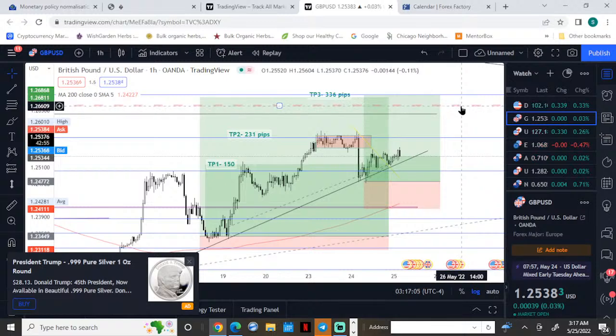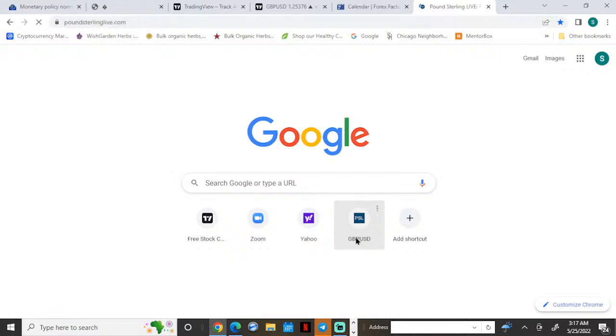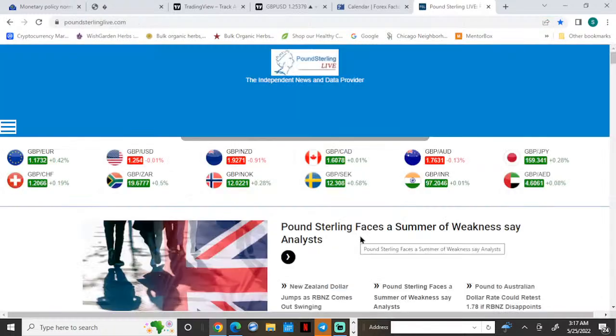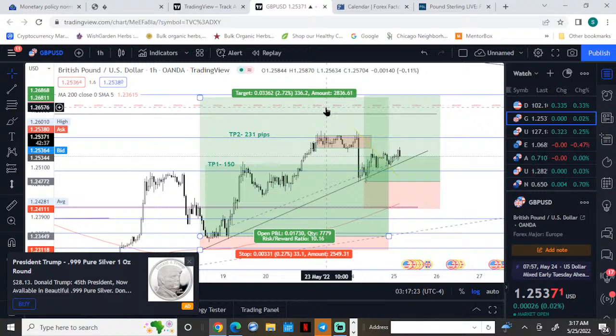This dotted pink line right here came from a news article on Monday. I use the pound sterling line for a majority of my news. And it stated that GU should rise to 1.2662.